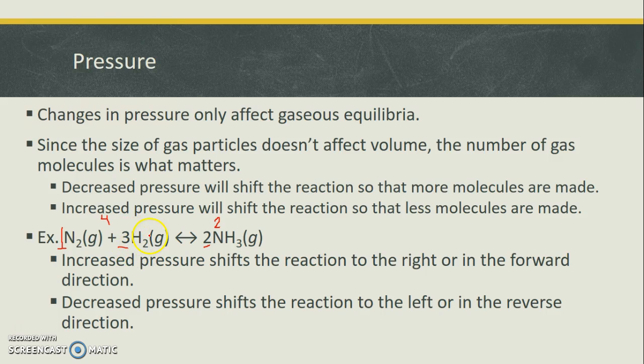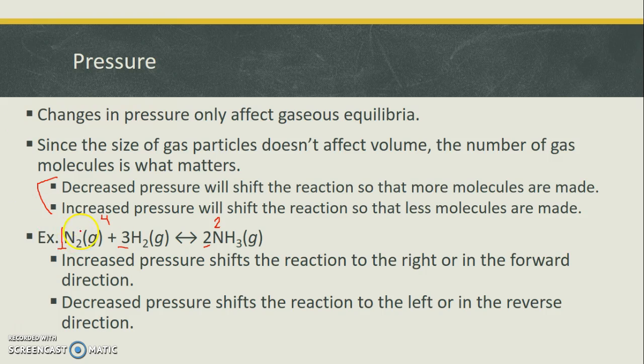So if you decrease pressure, the general rules are written right here. If you decrease pressure, it's going to shift to the direction that has more moles, more molecules. And if you increase the pressure, it's going to shift to the side that has less, because less molecules means less collisions and less pressure. More molecules will mean more collisions and more pressure.